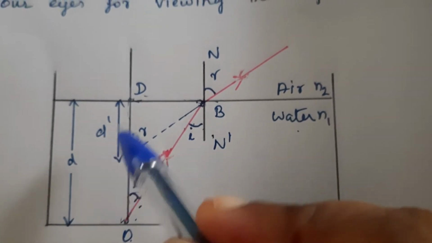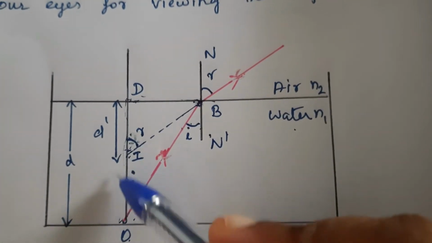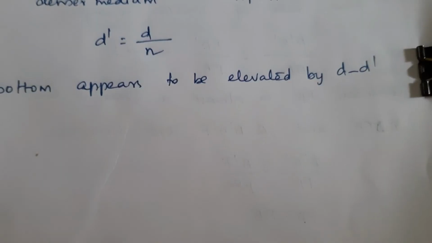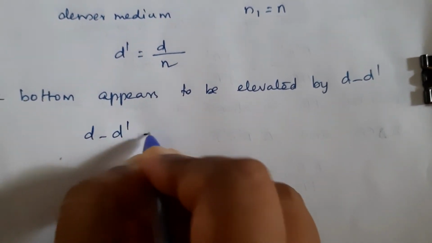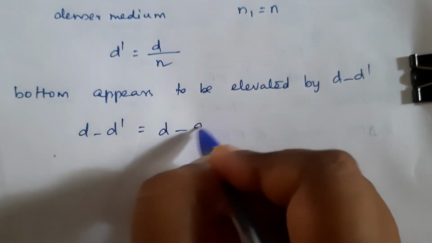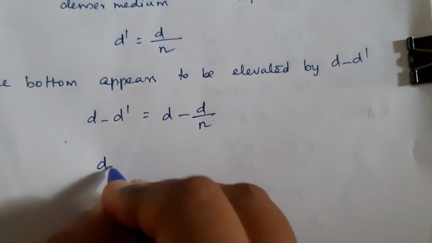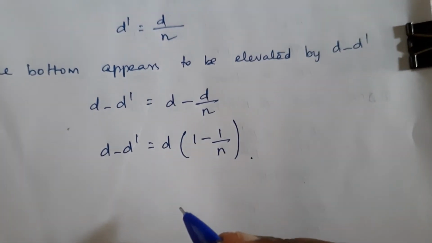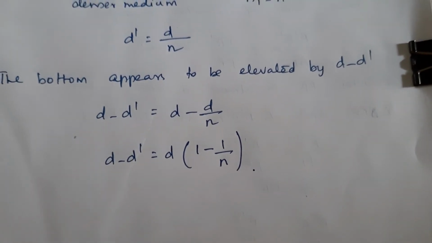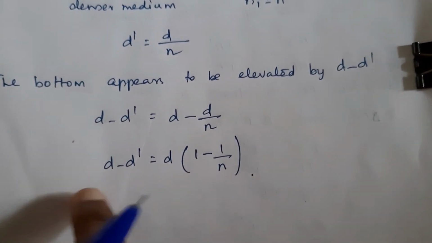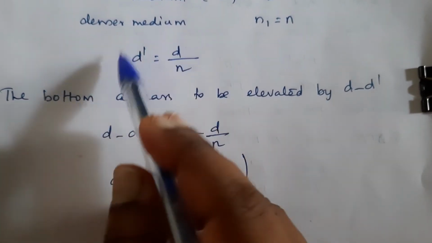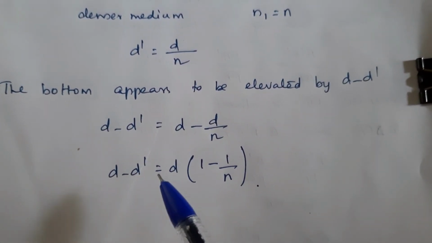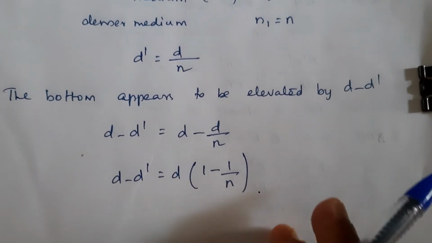This is the original depth, this is the apparent depth, and this is the height elevated. So d minus d dash is equal to d minus d by N, that is, d minus d dash is equal to d into 1 minus 1 by N. This is the height which is elevated. So this is the equation for the apparent depth. We have derived an equation for apparent depth.